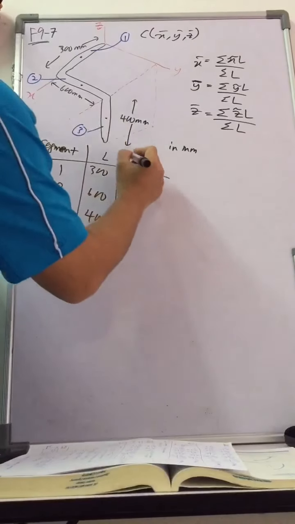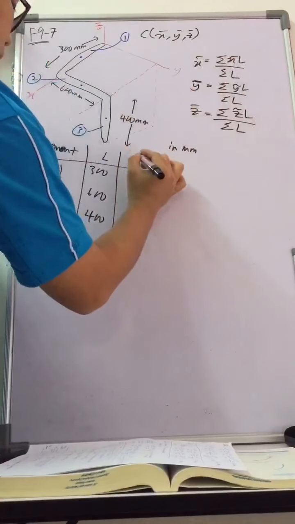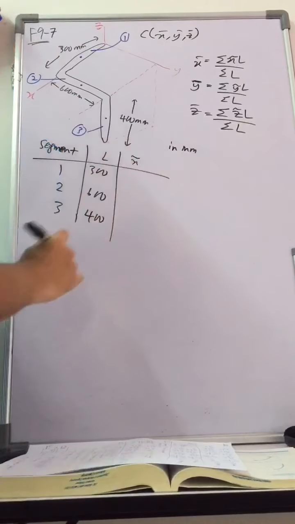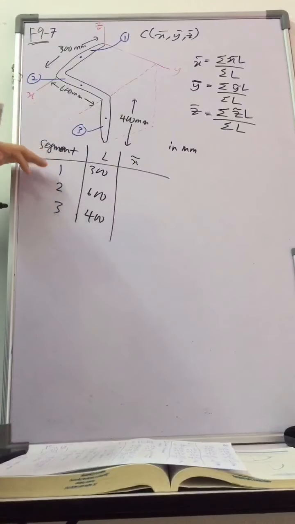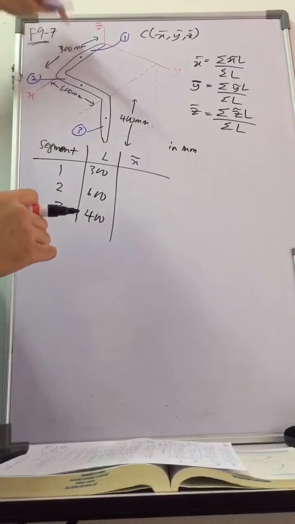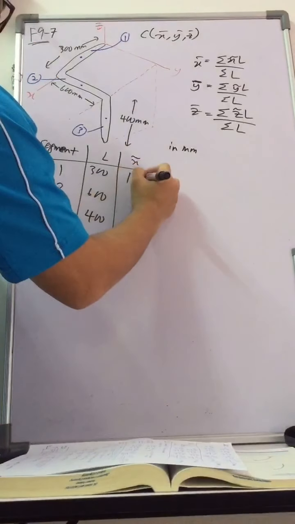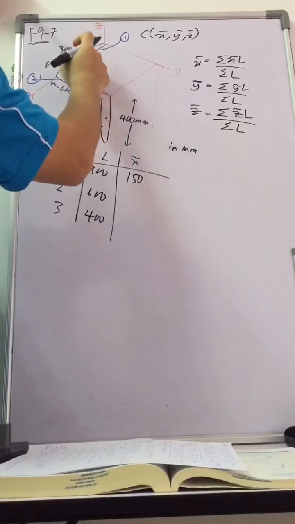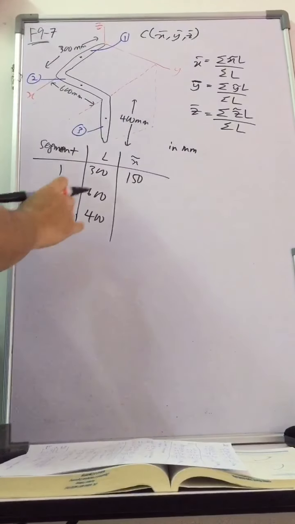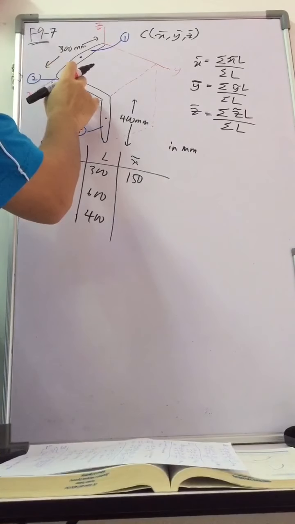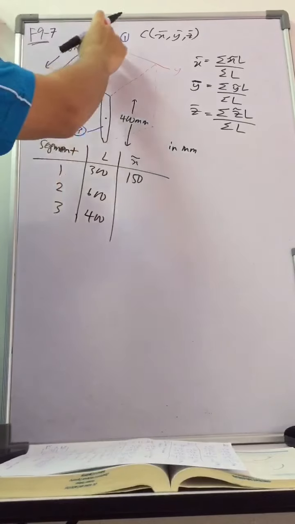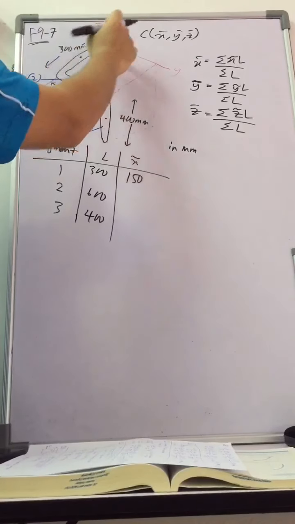So now we go to the X tilde, Y tilde. So X tilde, the X coordinate of the centroid of segments 1, 2, and 3. For this one, what is the X tilde? It is 150 millimeter, positive 150 millimeter, right? How about number 2? The X is 300, right?